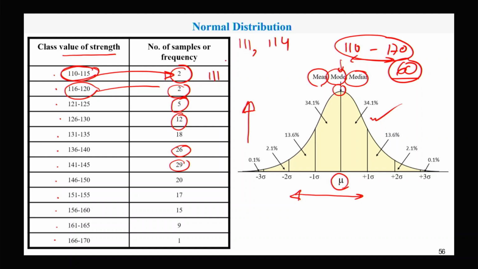So these two data are ranging within 110 to 115, and between 116 to 120 we have two data like 117 and 119.